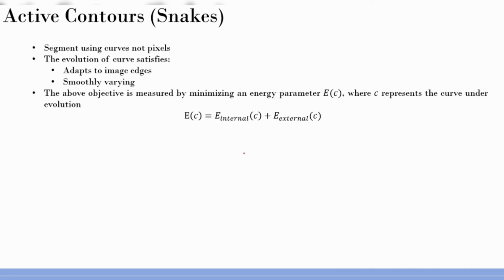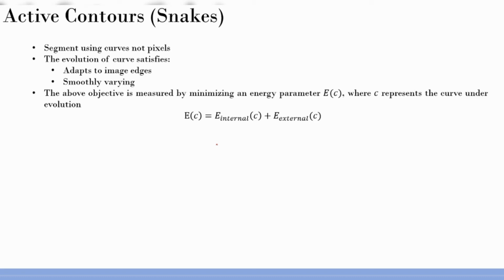So the curve has 2 aspects. One is the internal, that means internal to the curve, and that corresponds to the smoothly varying aspect of the curve, and then an external aspect of the curve, and it will look for edges. So it should be very clear to you. Internal aspect, which is internal to the curve, is more or less trying to make the curve smoother and smoother, and then external is the direction towards which the curve should evolve, right?